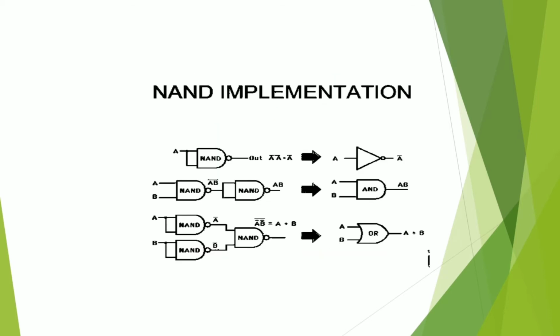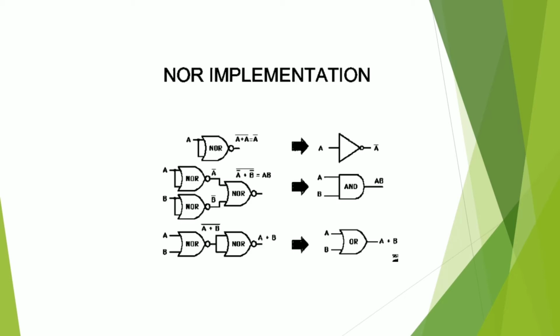As we already observed, the NAND gate is a universal gate. So using the NAND gate, we can build the NOT gate: simply short both the inputs of the NAND gate. Similarly, using NAND gates, we build the AND gate. And thirdly, using 3 NAND gates, we can build the OR gate.